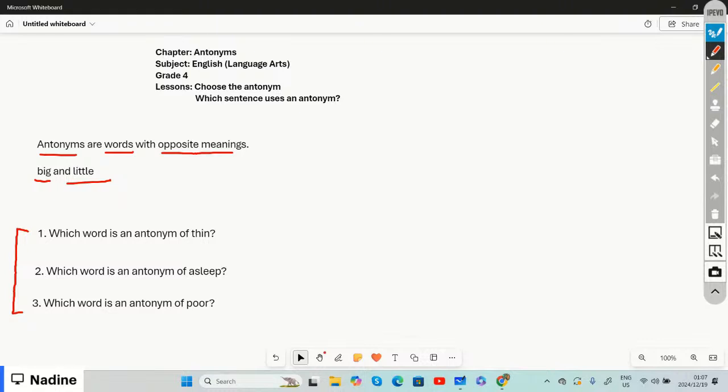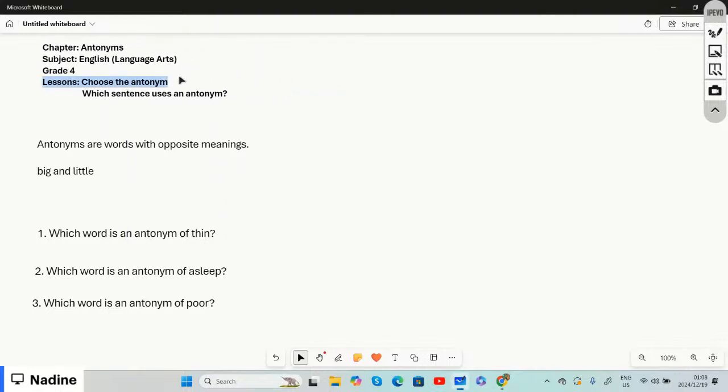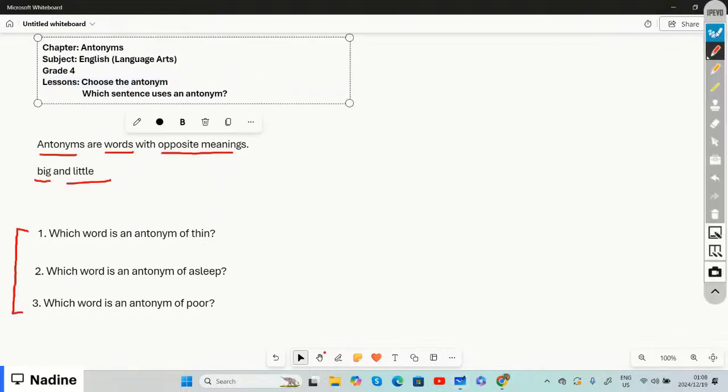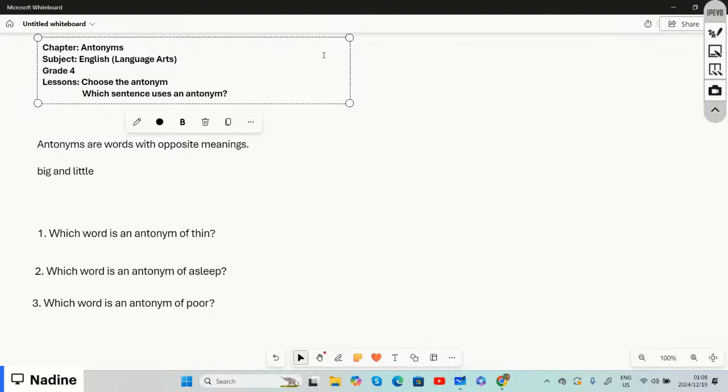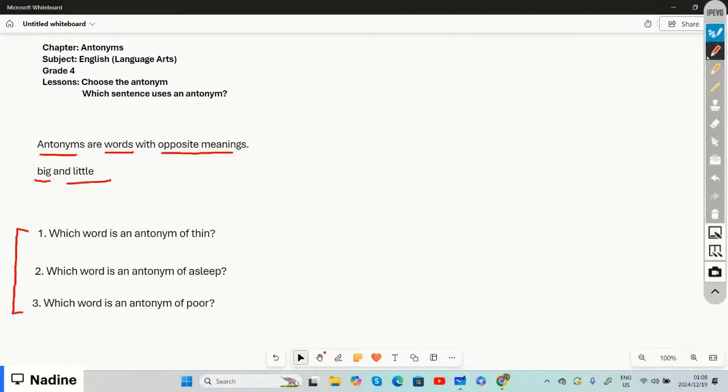I'm going to write down a few words, and then together we can identify the antonym of each word, keeping in mind that antonyms are words that are opposite in meaning.